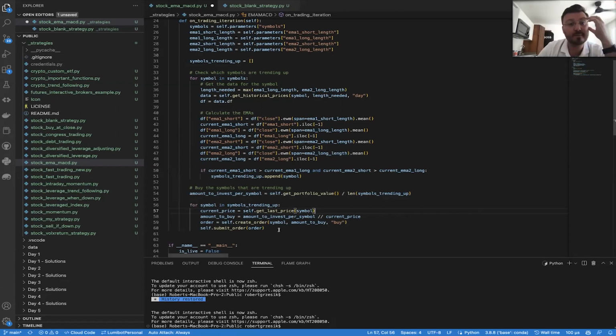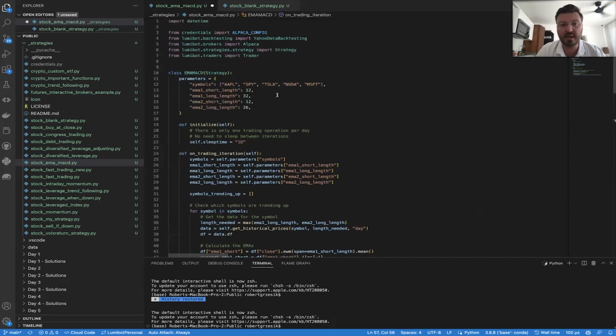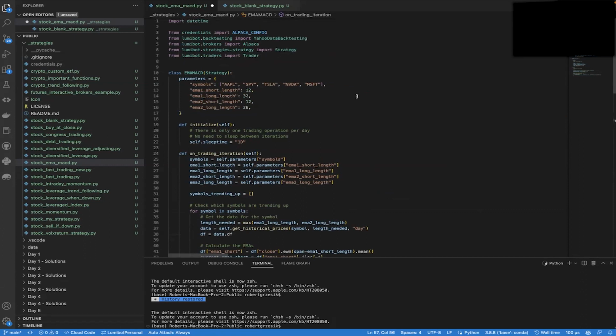But for example, if you tell the system whatever is turning to the uptrend, buy 25%. I think we have 5 symbols here, correct? Okay, 20% of the total portfolio for each.